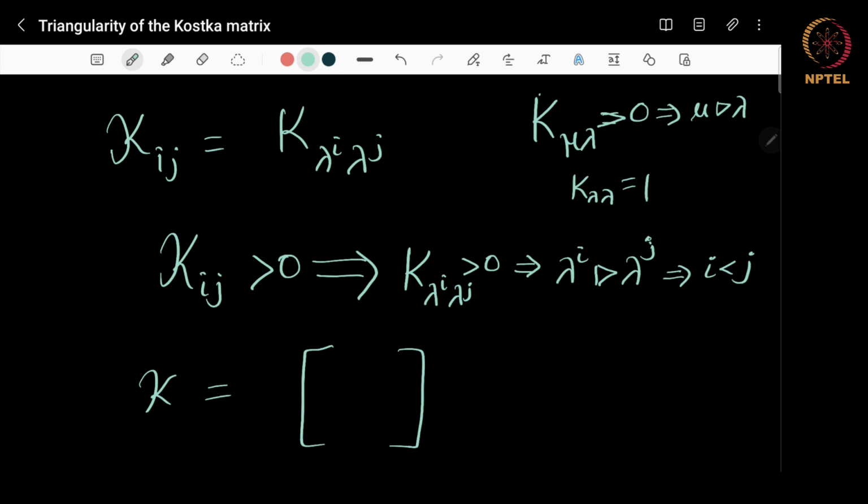Further, the diagonal entries are all 1. And where do the non-zero entries lie? Positive is the same as saying non-zero. The only non-zero entries can occur when i is smaller than j. In other words, it's under the diagonal. Everything above the diagonal is actually 0. These numbers are either 0 or strictly positive integers.